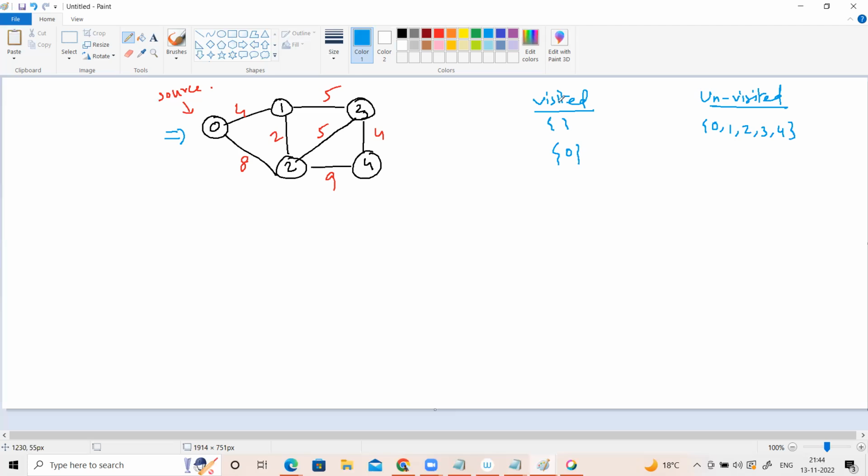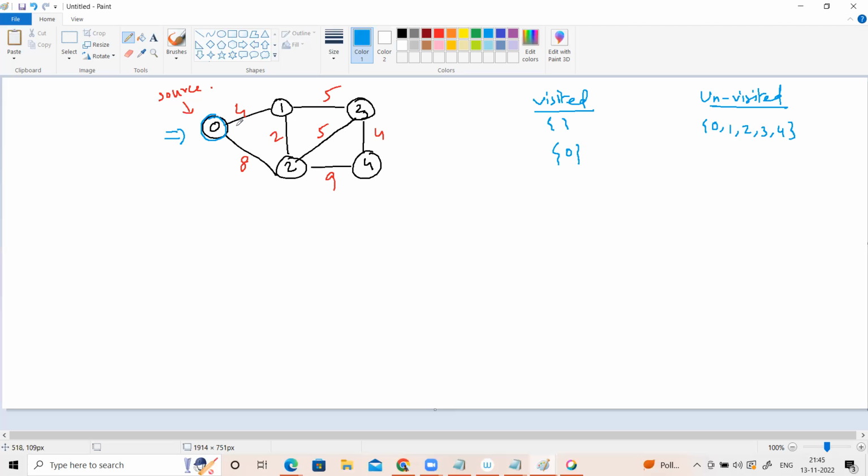That means this is visited. Now what exactly are we going to do? We will visit the adjacents of this node and try to find out who has the minimum path. That's our goal.